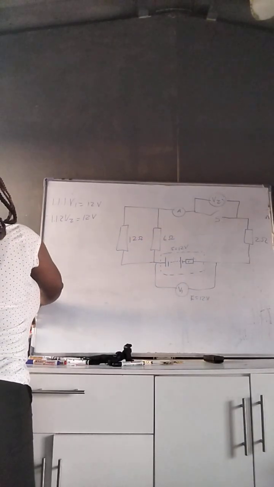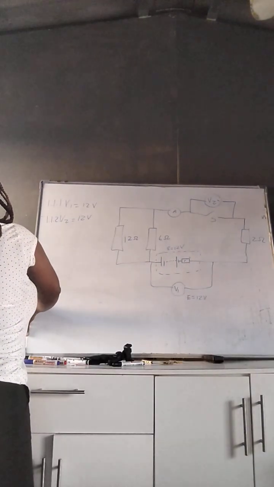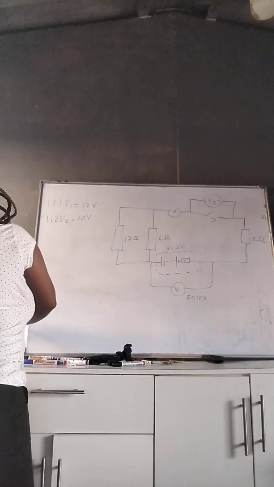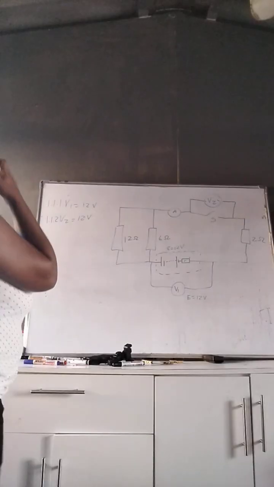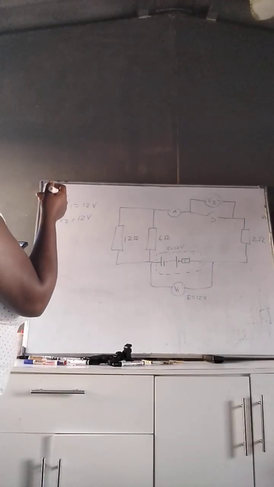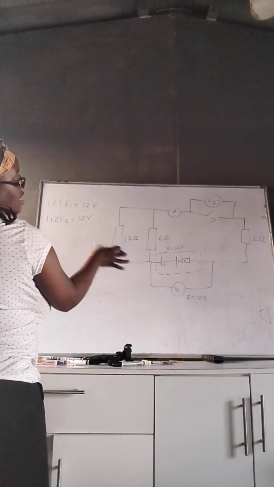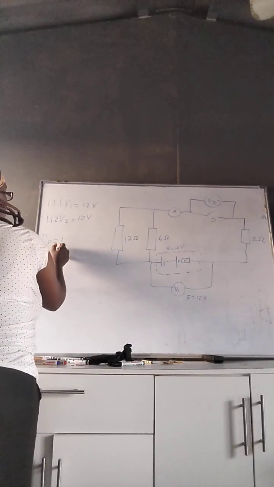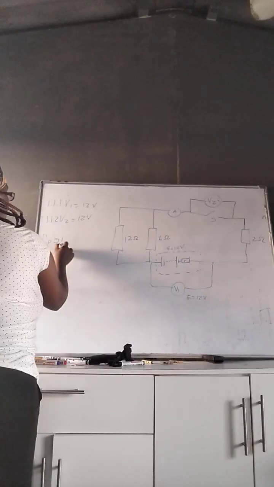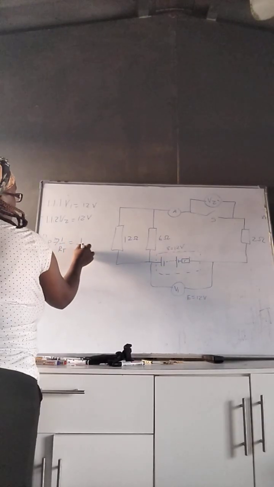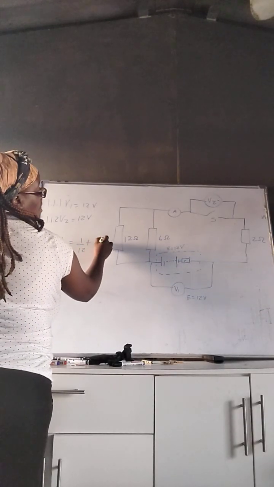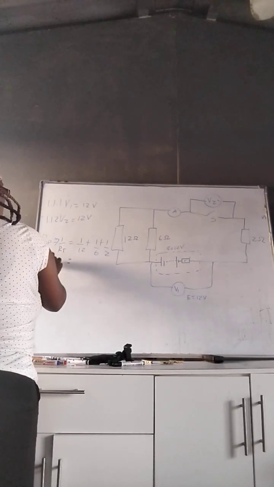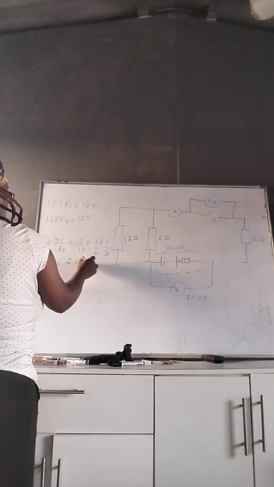So what will be the total? What is the total external resistance of the circuit? We are supposed to get the R parallel. So 1 over R parallel is equal to 1 over 12 plus 1 over 6 plus 1 over 2, which gives R parallel equal to 4 ohms.